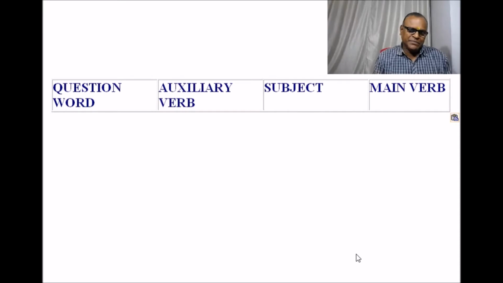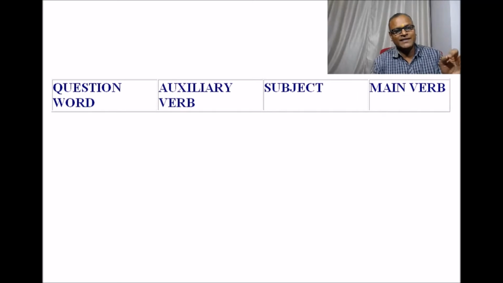So sometimes I have observed the students are confused about how they should make a question in English to remain in the conversation. Here I am going to tell you a very simple formula to make a question. So let's talk about that formula.